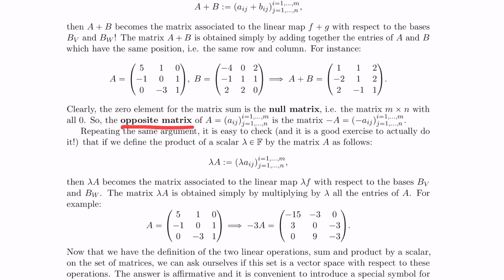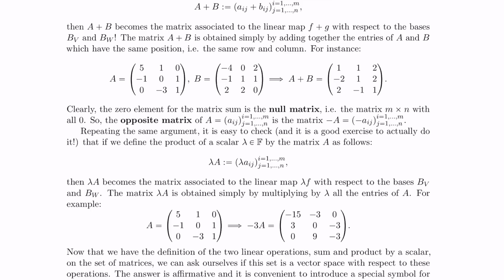Moreover, the opposite matrix, that is the matrix that summed to another matrix gives rise to the null matrix, is simply minus the matrix A. This is actually a particular instance of the matrix lambda times A, built by multiplying all the entries of A by the scalar lambda. This is the matrix associated with the linear map lambda times f, as you can check by repeating the same procedure detailed above for the sum.